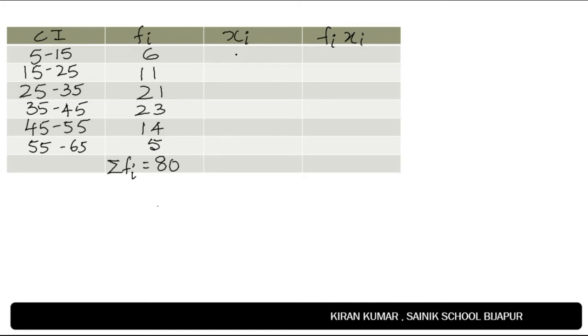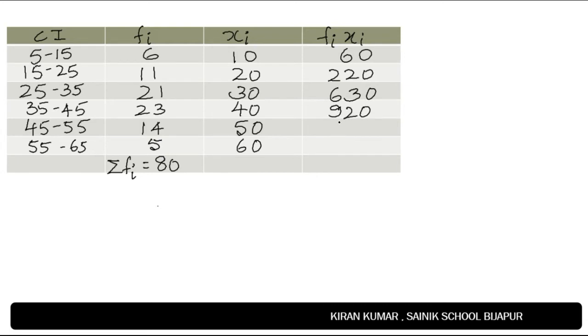Mid values or the midpoints are 10, 20, 30, 40, 50, and 60. The products 6 times 10 is 60, 11 times 20 is 220, 21 times 30 is 630, 23 times 40 is 920, and 50 times 14 is 700, 5 times 60 is 300, and we need to add them up.